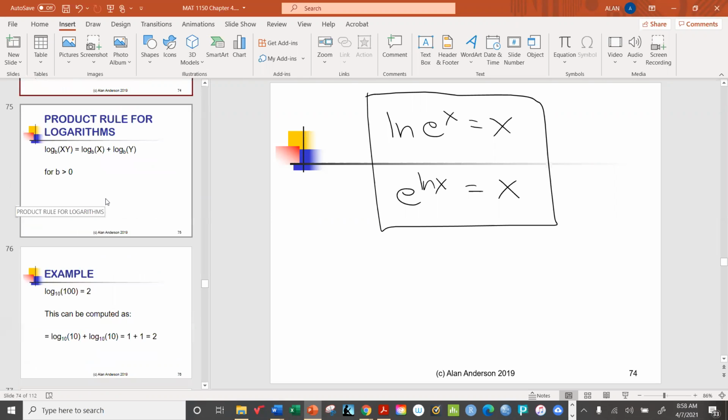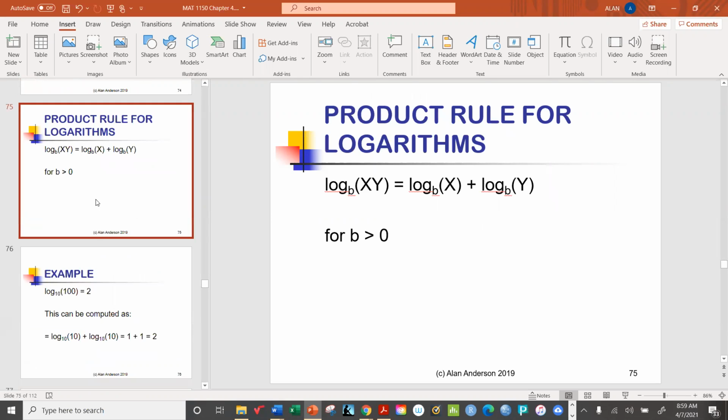All right, here's a good example. The log of a product is the sum of the logs.